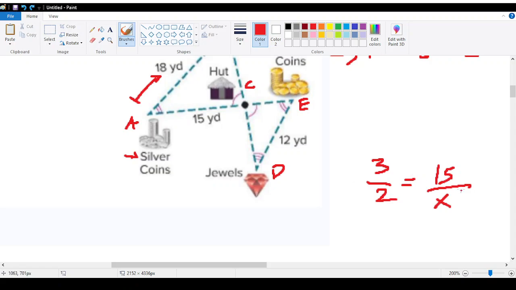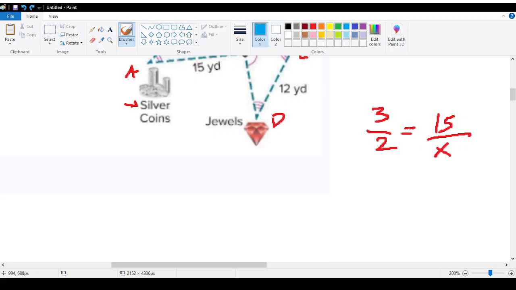Here we will do the same thing. We will say the big one is the 15 over the small one, which we don't know. Yalla, now we will do cross multiply. Do the cross multiply, Shamsa. 15 times 2. 30.